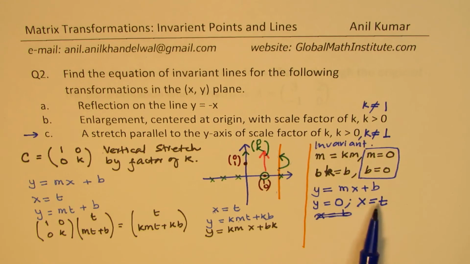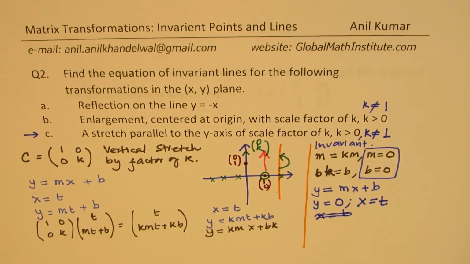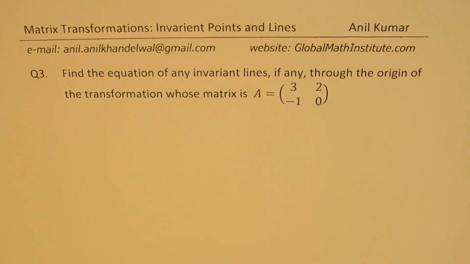Therefore, x equals t will become a vertical line which will be invariant for a stretch parallel to the y-axis. Perfect. So with that, we explain how we get all the lines which are the x-axis and all the vertical lines which will be invariant lines.